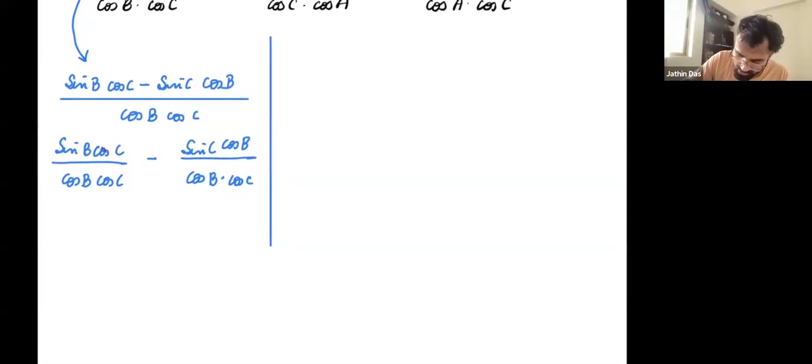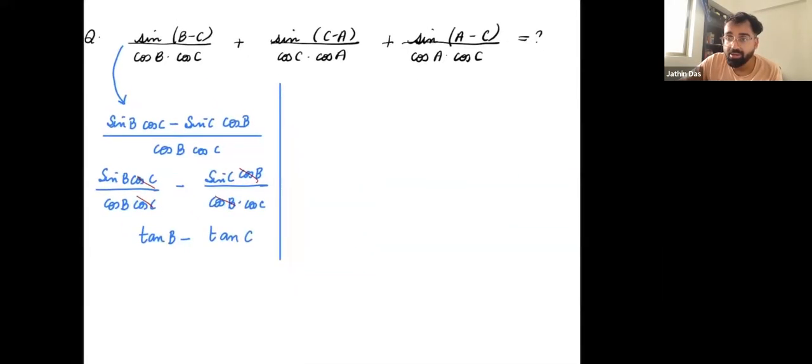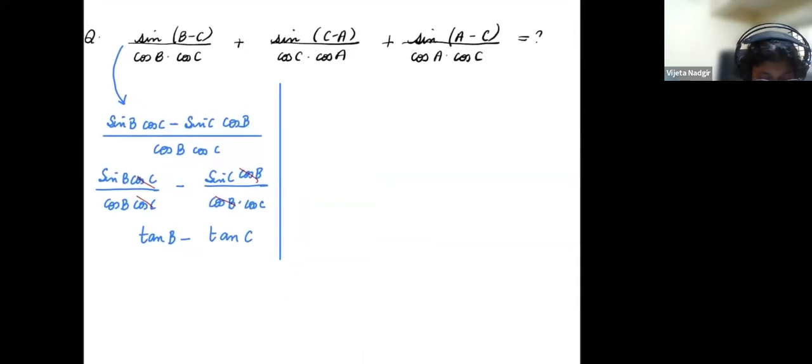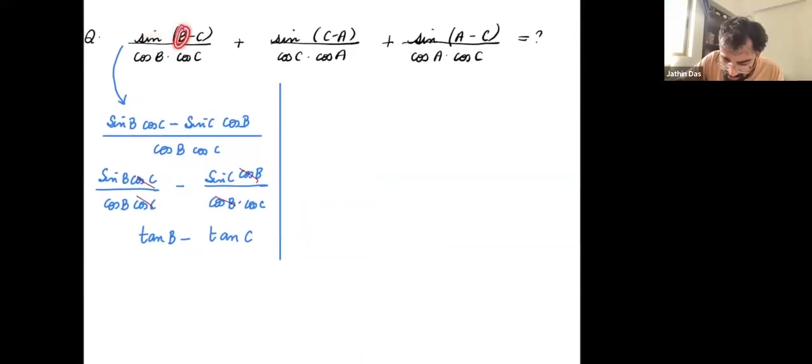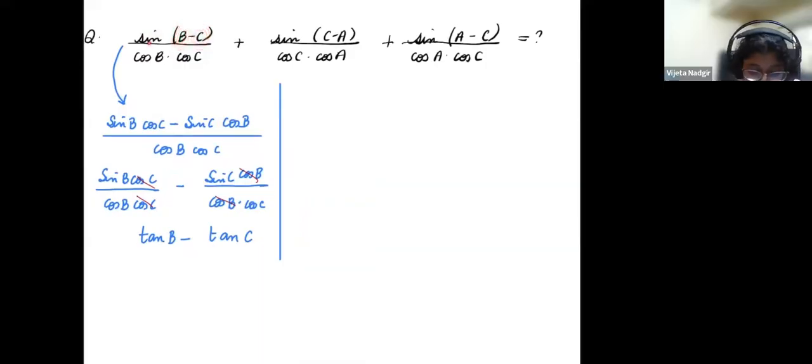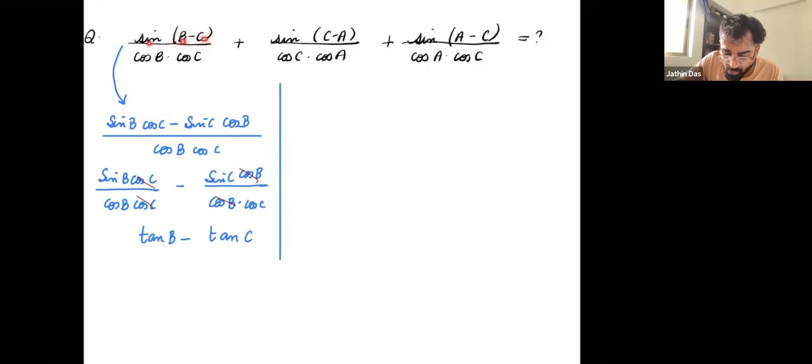So here this will cancel and this will cancel, and you get tan B minus tan C. Correct? So you're getting tan of this angle minus tan of this angle. What am I doing? I'm doing sine of the difference of two angles divided by the cos product of those two angles.